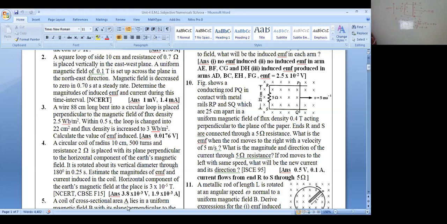Got it? Any doubt? Here you can find the direction by using Fleming's right hand rule.